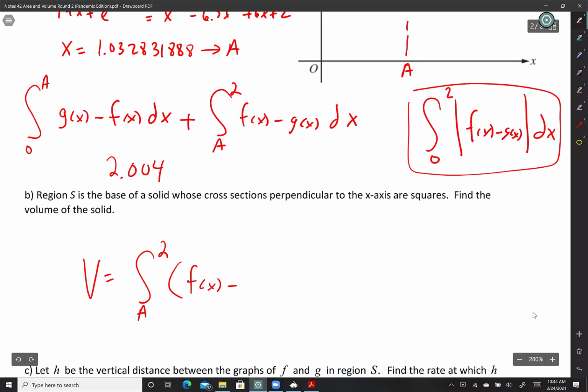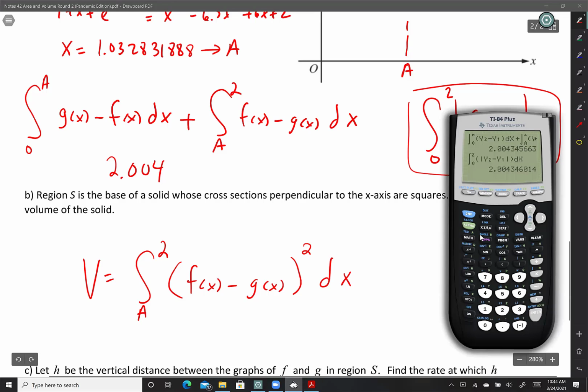And this is the length of one cross section. And remember, the area of a square is s squared, so you have to square that. Done. Type it in the calculator, just like that. So here we go. Math 9, alpha a to 2.